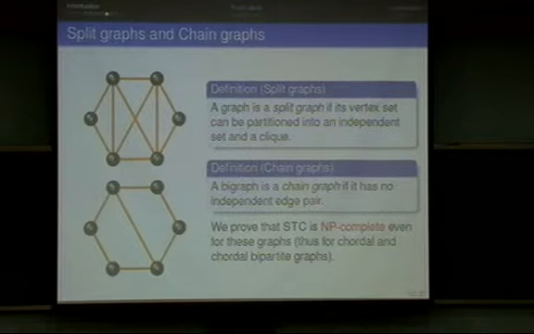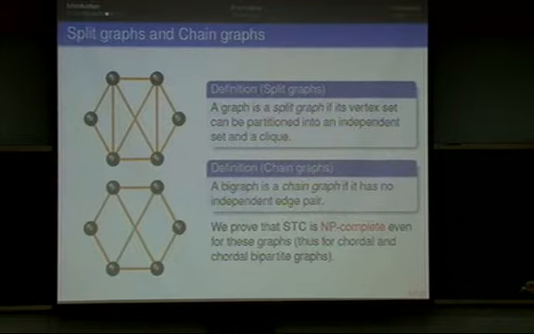Okay, I think I should define chain graphs. Okay, a bipartite graph is a chain graph if it has no independent edge pair, or 2K2. For example, here you have an independent edge pair, AF and CD, because they don't share their endpoints and there is no edge between the 2 vertices and 2 vertices.